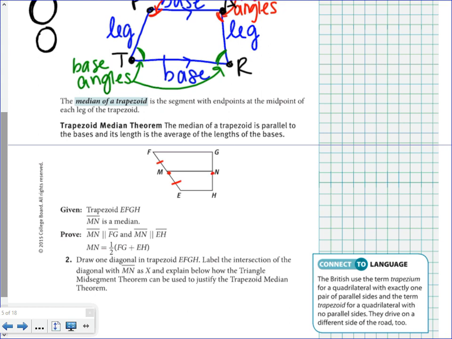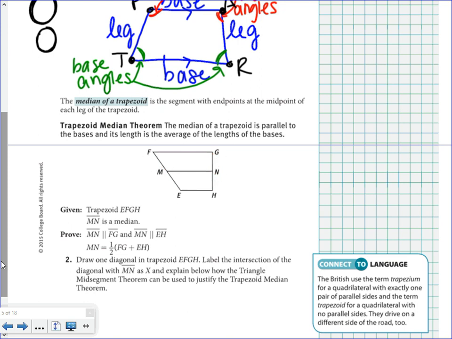Likewise, N is the midpoint, and makes GN congruent to HN. However, FM does not have to be congruent to GN. Those don't have to be congruent. It's just saying that M and N are midpoints of their respective sides.